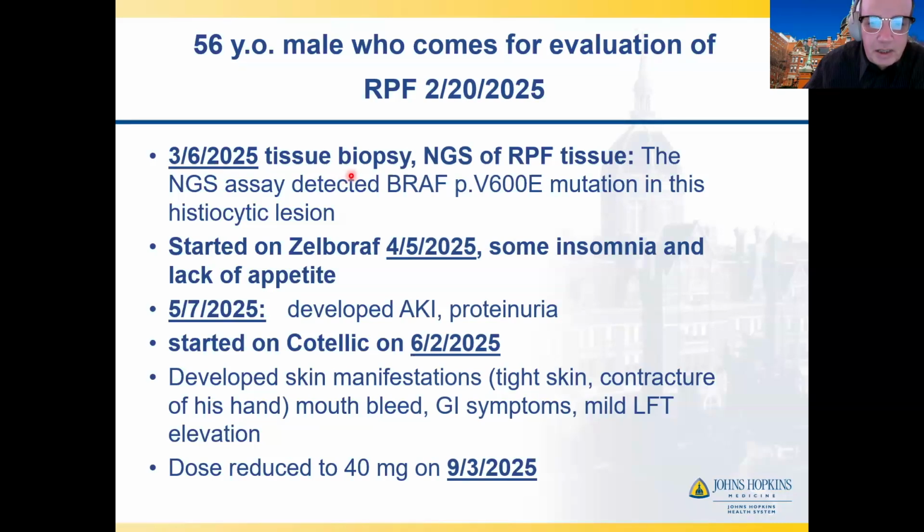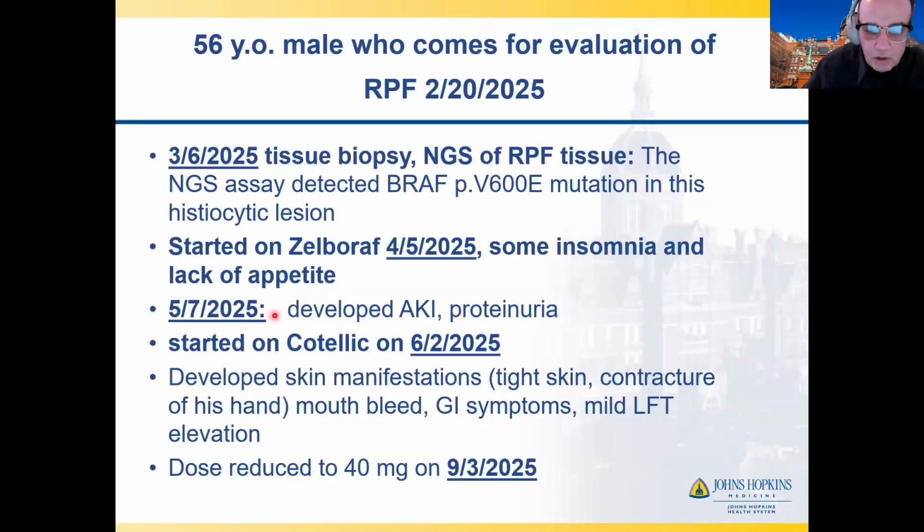Less than a month later, we did a tissue biopsy. We did next generation sequencing for this retroperitoneal fibrosis tissue, and it detected that he had a BRAF mutation, and then he was started on a BRAF inhibitor in April. He really didn't tolerate it very much, some insomnia, lack of appetite. Not only that, he developed acute kidney injury, which is rare.